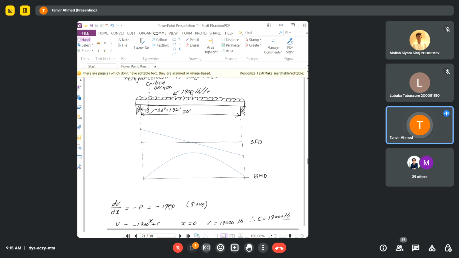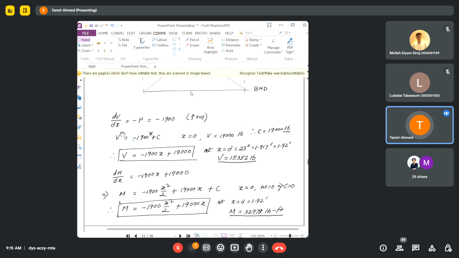If you calculate the shear force value at this particular distance, you can do this using these equations. You already did this in your mechanics class, I believe; you are supposed to cover these things.